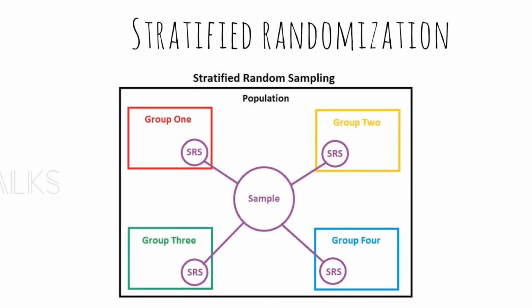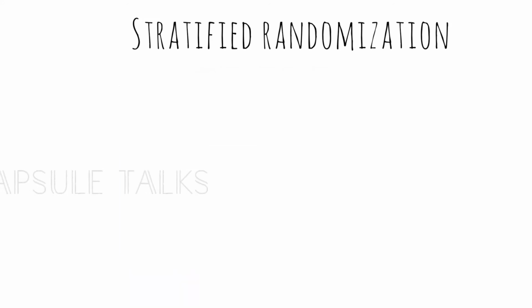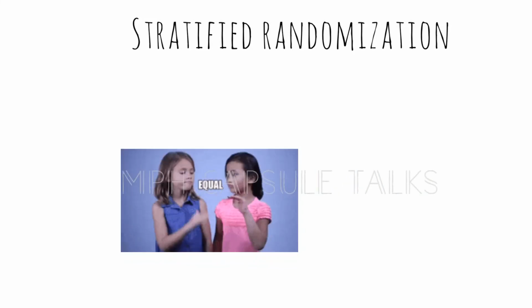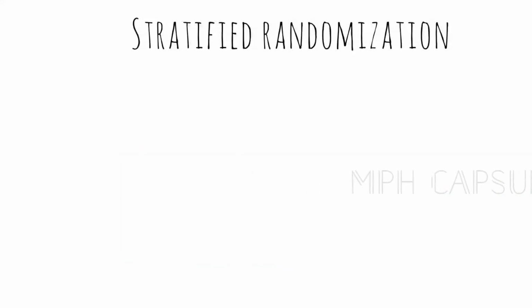Here, the randomization is based on the strata. For say income or education, the participants are divided into groups or strata such as low, medium and high income, and then randomization is conducted from each group. This ensures an equitable distribution of the key variables across the treatment and control group.